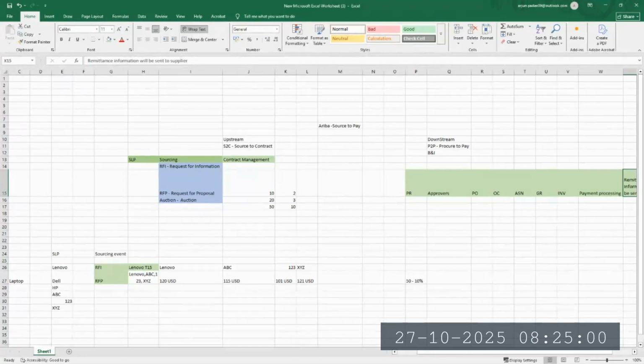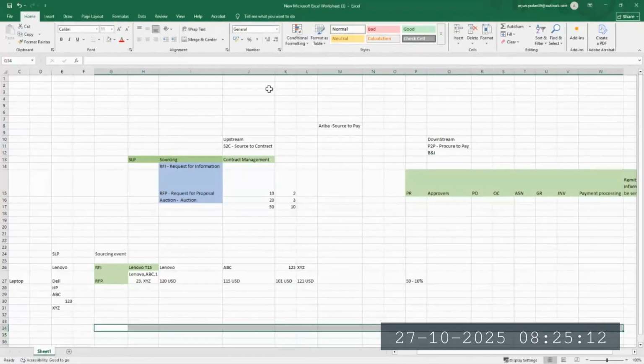Again, when it comes to Ariba, Ariba is not a standalone system in an organization. Ariba is always integrated with a backend ERP tool, and generally it will always be SAP ERP, that is SAP S/4HANA.